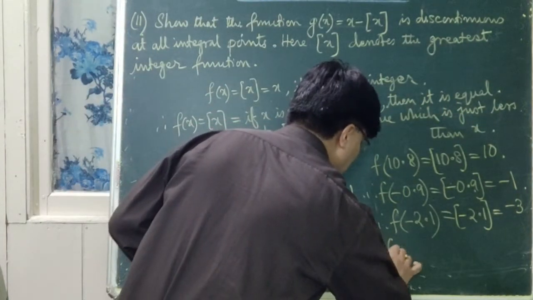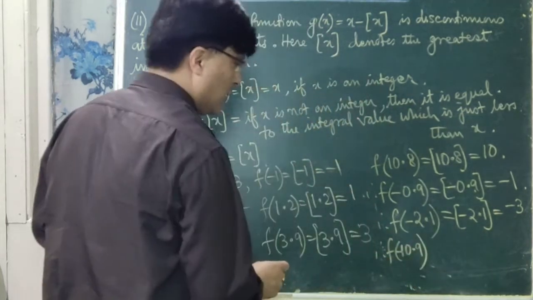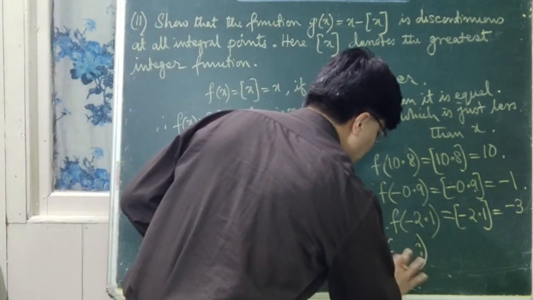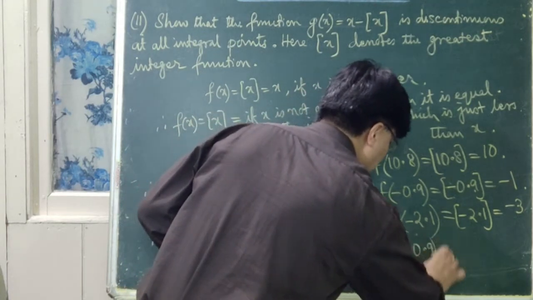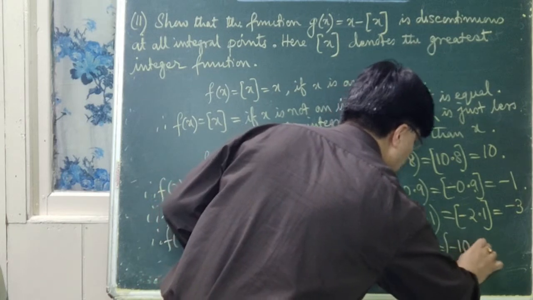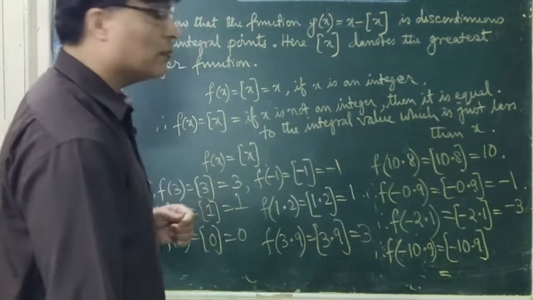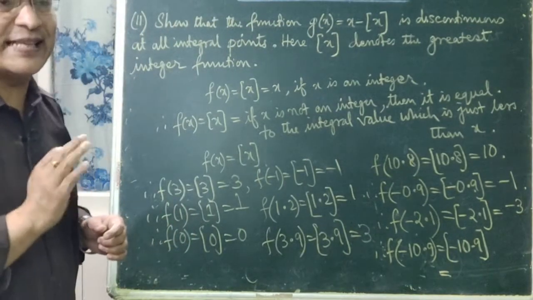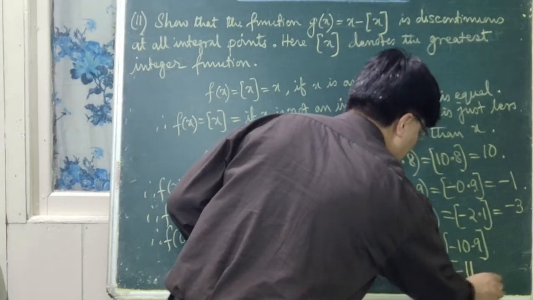So what is meant by f of minus 10.9, which is equal to within third bracket minus 10.9? Which is the number just less than minus 10.9? That is your minus 11.